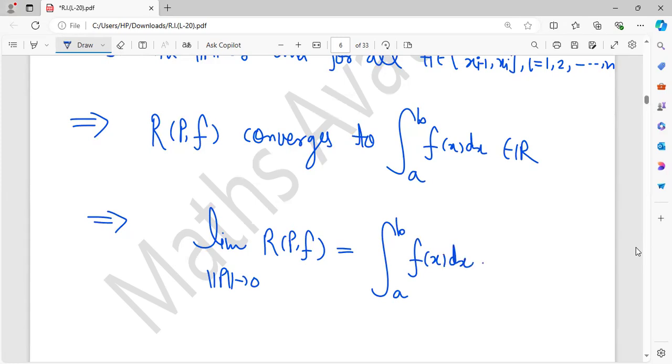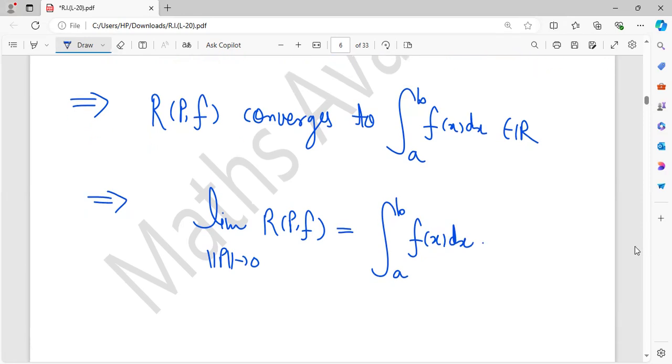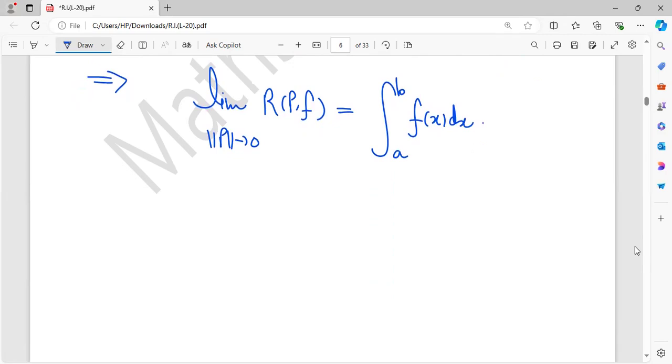So definition 1 implies definition 2, because this is definition 2.